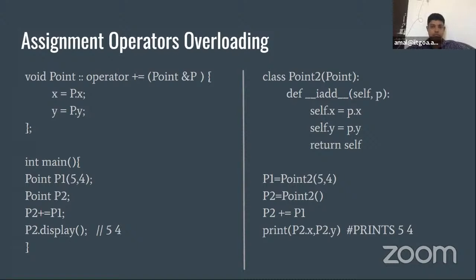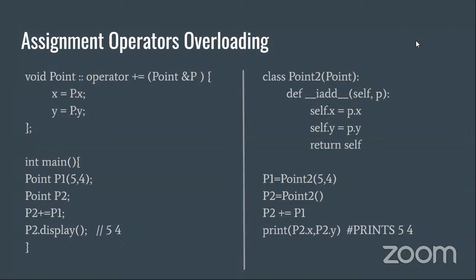In the main function, we can see that we have defined a point p1 5,4 and another point p2. The coordinates of point p1 are assigned to p2 using the plus equals to function we have overloaded. And when we use the p2.display method, we can see that the coordinates of p2 are changed. In the case of Python code on the right side, we inherit the point class in the point2 class as we did before.